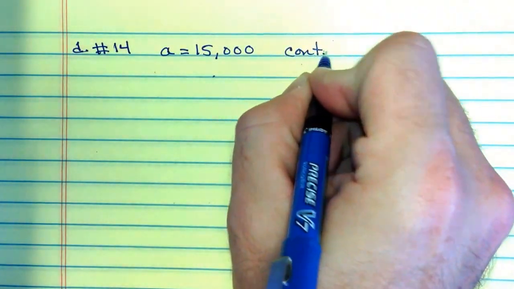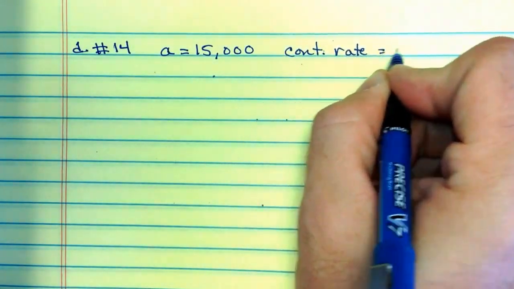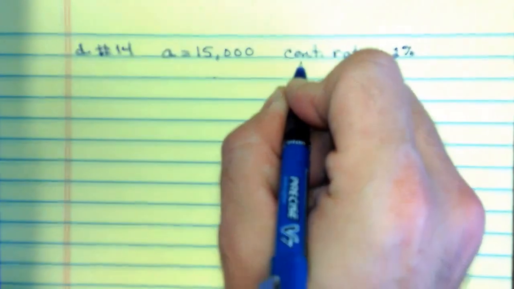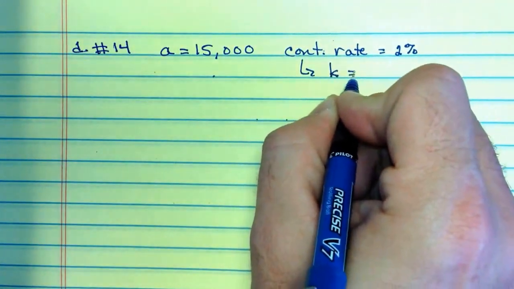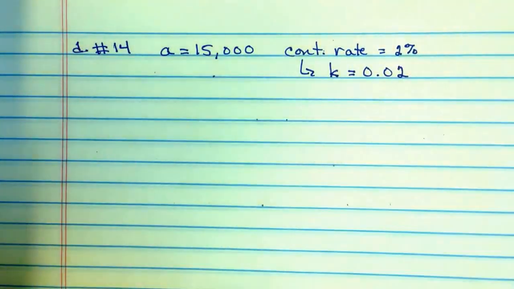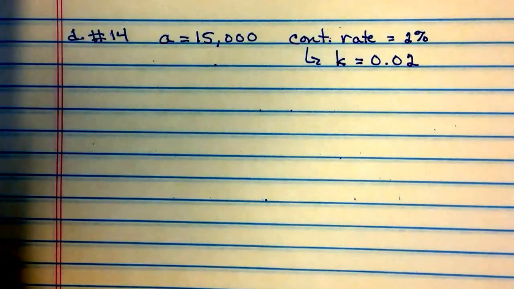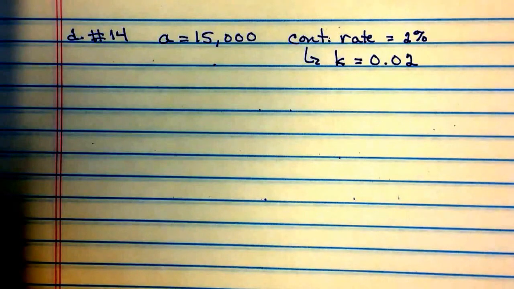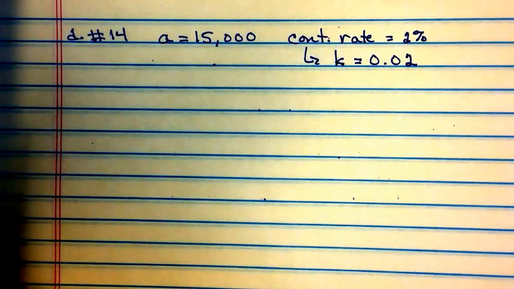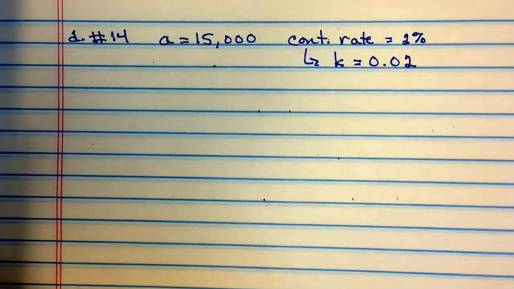So we're told continuous rate is 2%. This tells me that the number K is 0.02 as a decimal. That's important. 2% is the number 0.02. And it says find the population after 20 years.